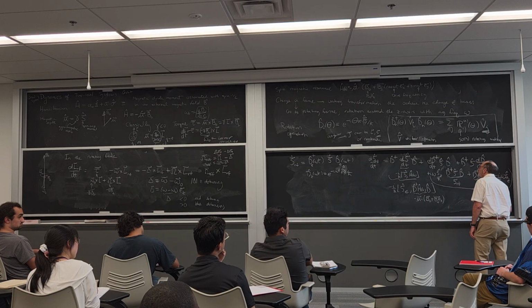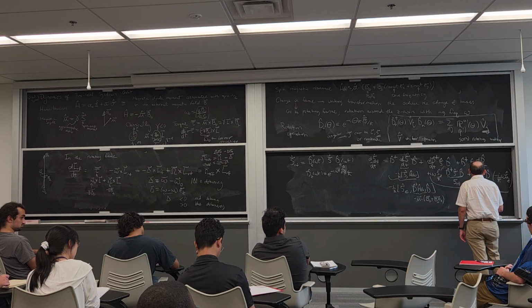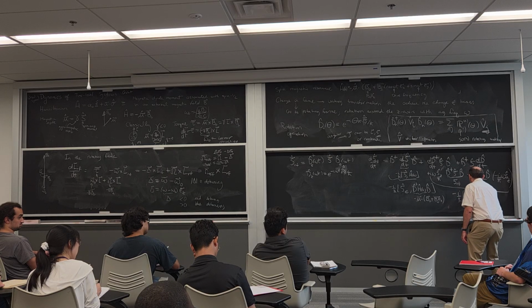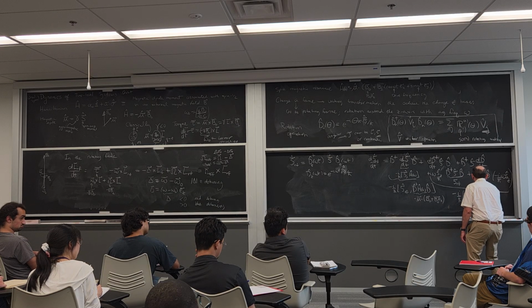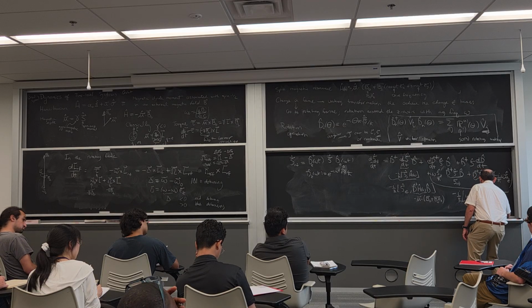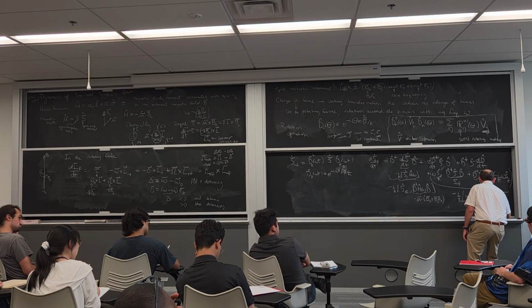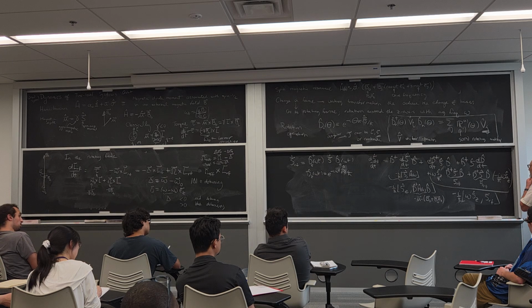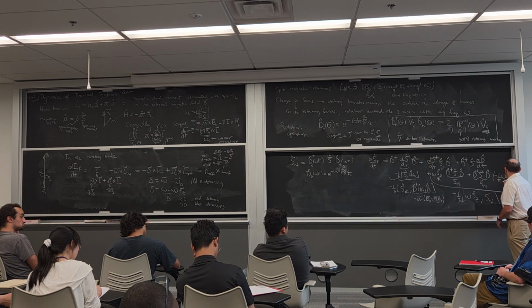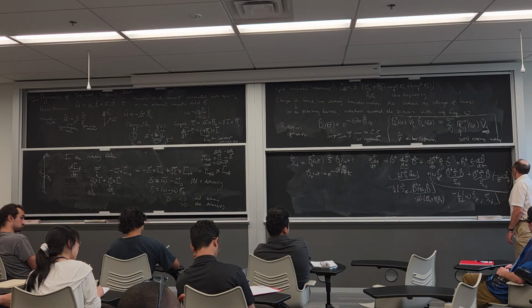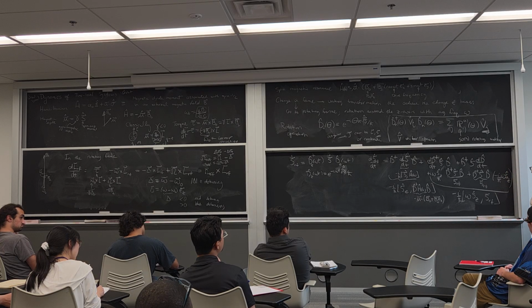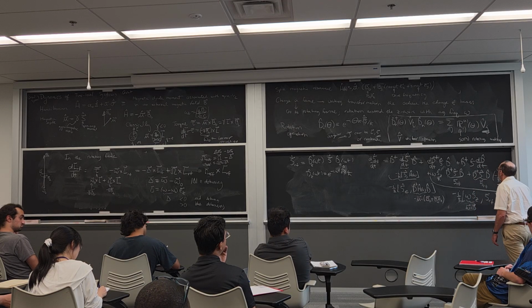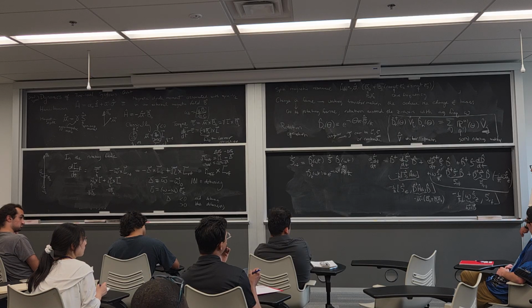What is this term? Well, it's equal to minus i over ħ, the commutator of Sz with S, which I can think about as omega dot S if I wanted to.